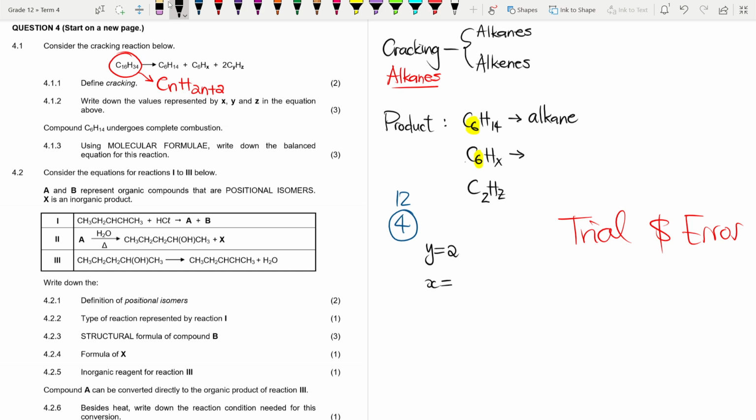So let's say this is an alkane, and then we'll try, if it's an alkane, what will be the value of X? It will be 14. Let's try 14. If that's 14, then what is Z?